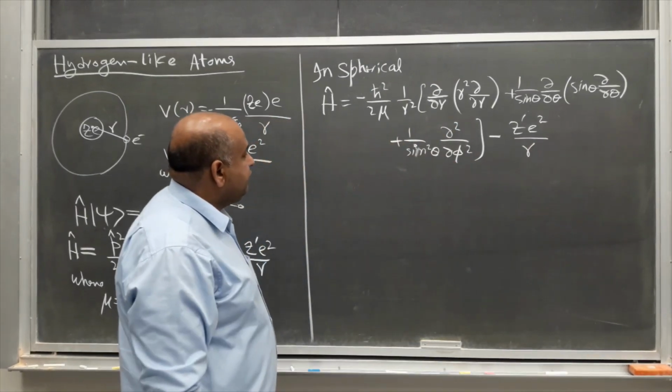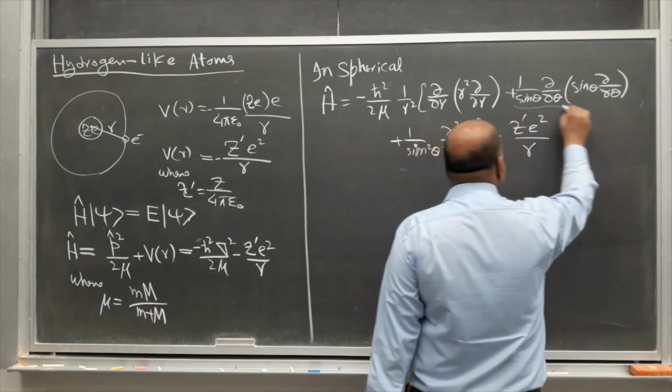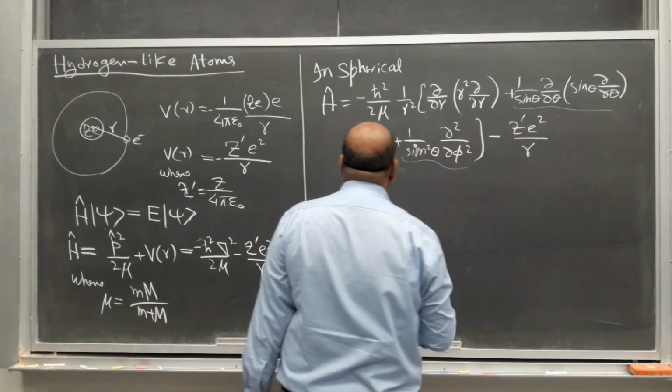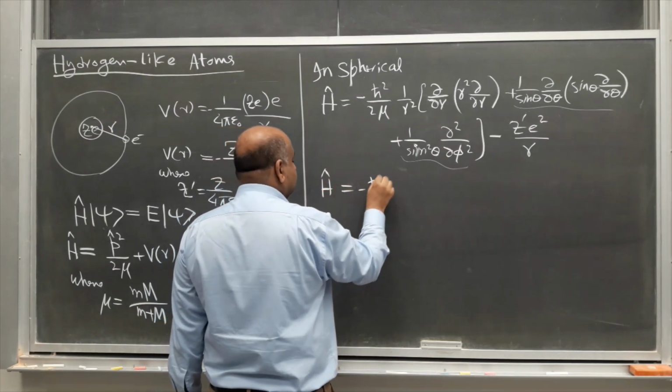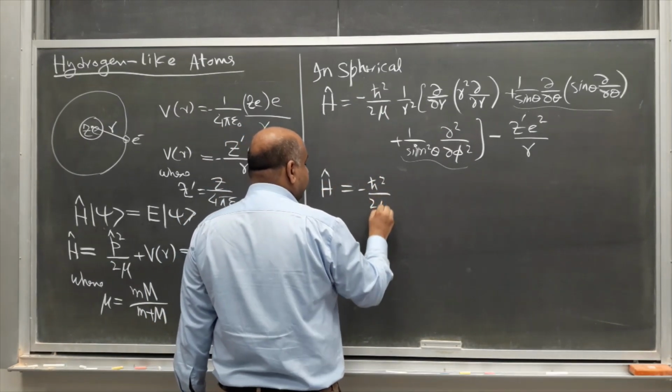However, we can immediately see that this thing plus this thing is nothing but the orbital angular momentum square operator.